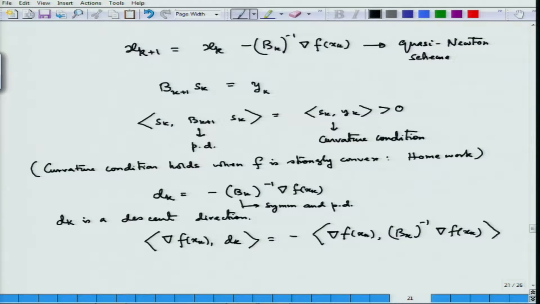Now, because B_k is PD, its inverse is also PD. So, this part without the minus would be strictly greater than 0. So, the whole thing is strictly less than 0.